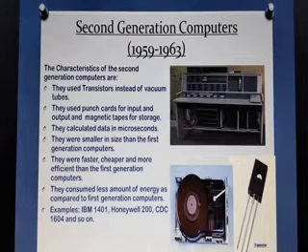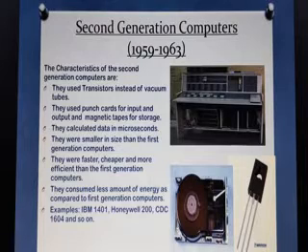As we have already seen in first generation computers, they calculated data in milliseconds. But now in second generation computers the calculation was a bit faster than that, and it calculated data in microseconds.